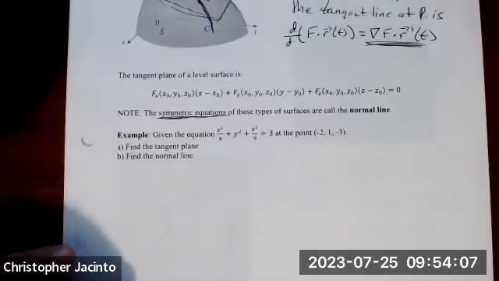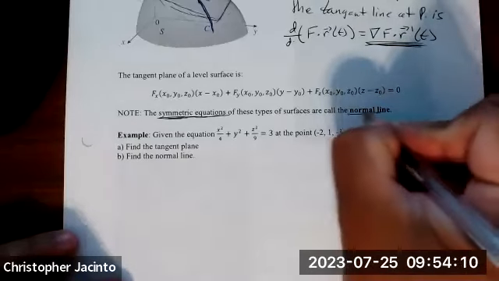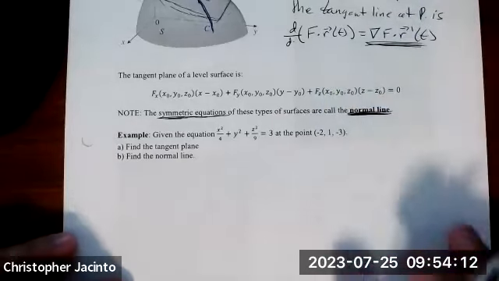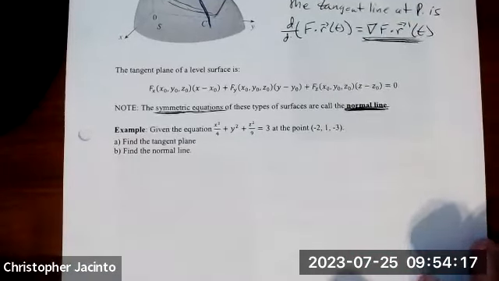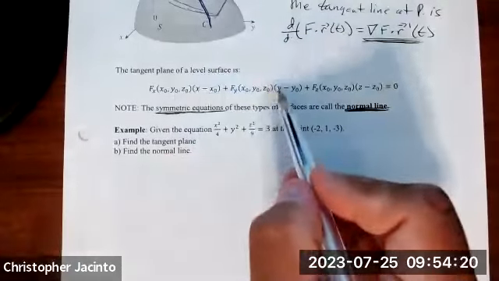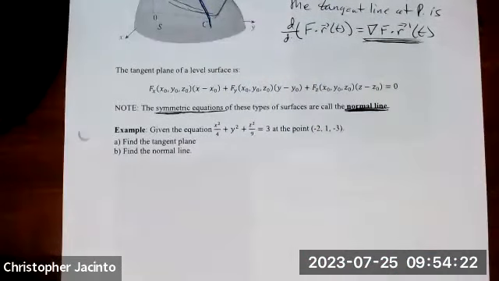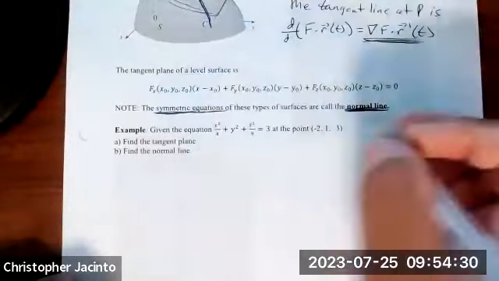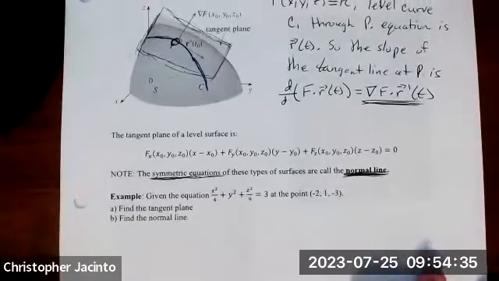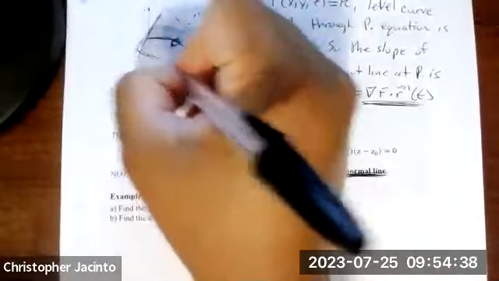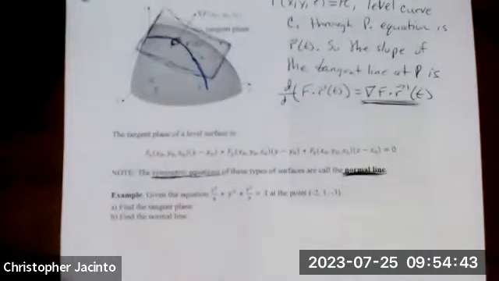The symmetric equation in our case is going to be called the normal line from now on. If you remember, a symmetric equation is basically this divided by that, and equaling each other, those ratios. So just be careful: in our case, symmetric equations are now considered normal lines. But the whole fun part is, how do we find the tangent planes at any arbitrary point in any arbitrary direction? Because they're going to change depending on the direction we look at.